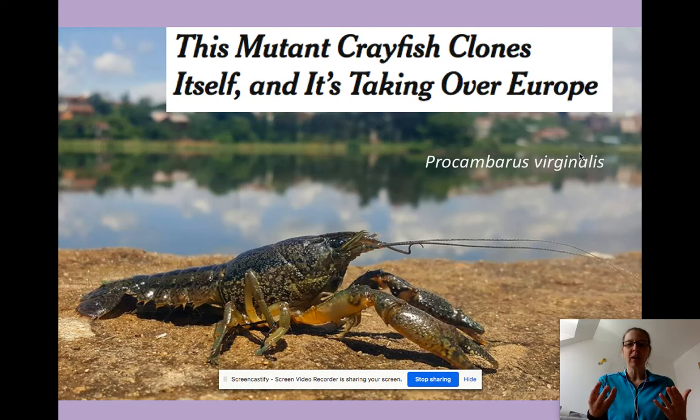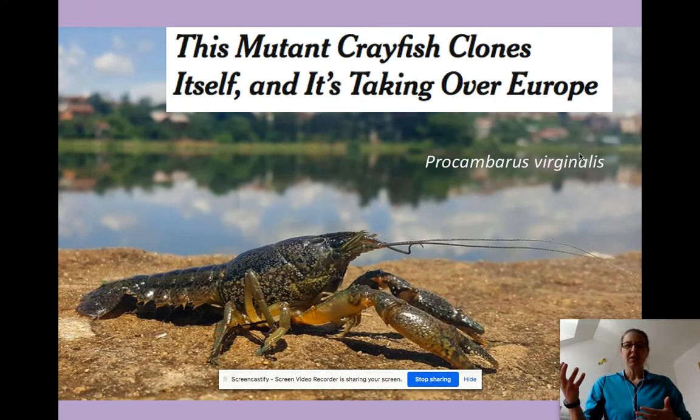And this viable triploid crawdad could no longer reproduce with the diploid crawdads. But for some reason, something about the mutation, it was able to clone itself. And then because it could clone itself and make a bunch of viable triploid eggs, all of the offspring were clones of the mom, right?